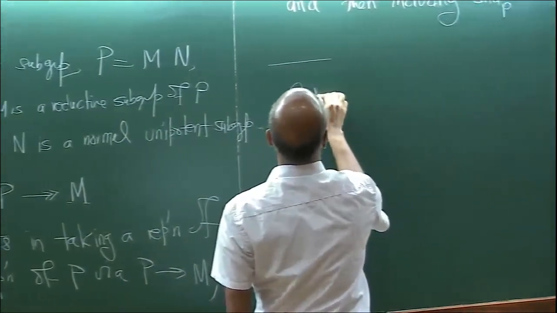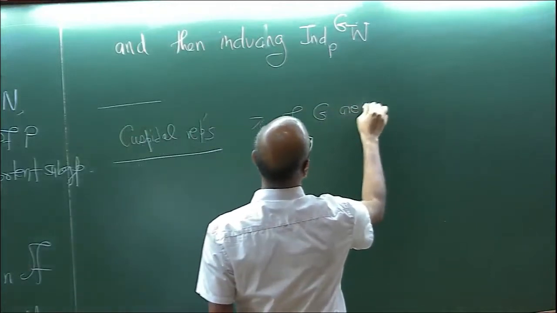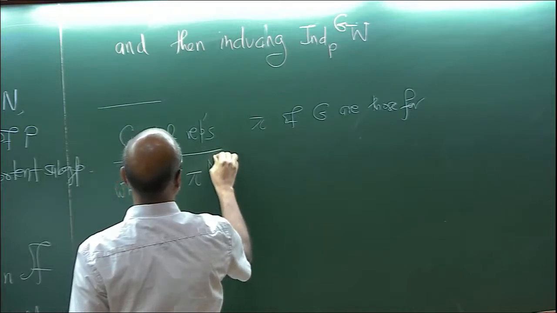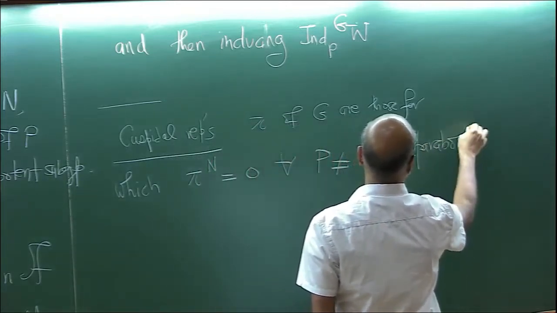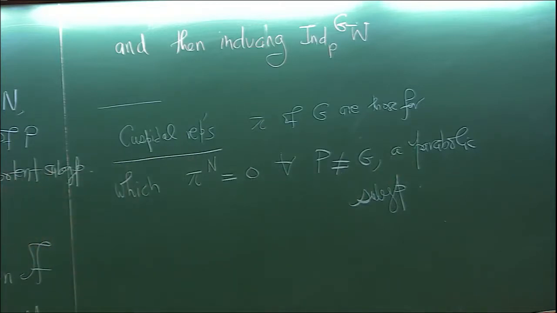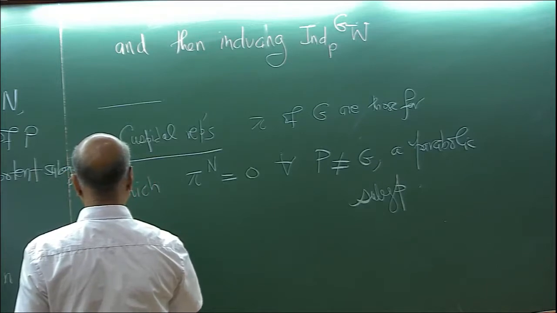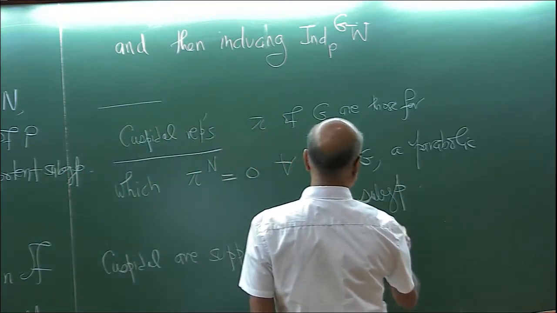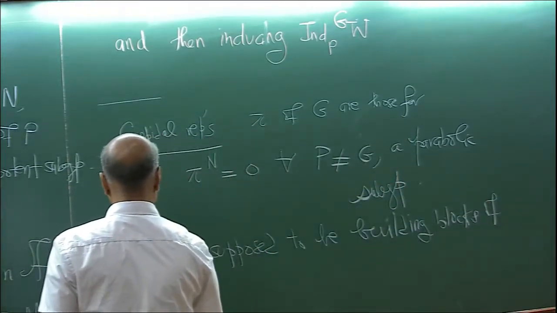And then one defines cuspidal representations pi of G as those for which the Jacquet module pi_N is 0 for all parabolic subgroups P not equal to G. So these are called the cuspidal representations, and cuspidals are supposed to be building blocks of all representations.